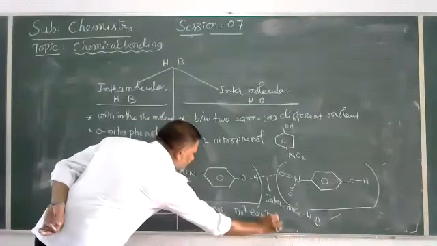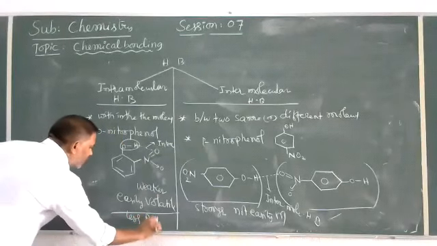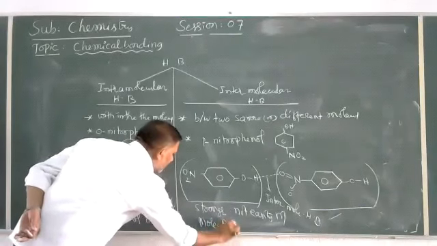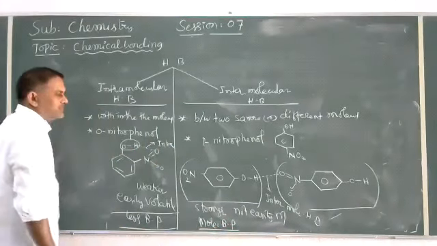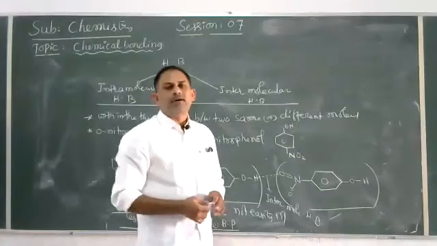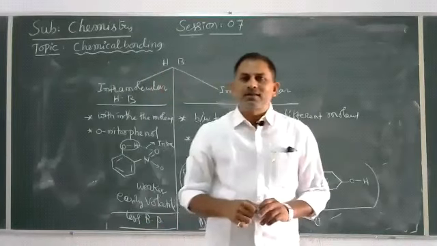Not easily volatile means generally having less boiling point, and these are generally having more boiling points. So in organic chemistry, on the basis of inter and intramolecular hydrogen bonds, a variety of questions are there.